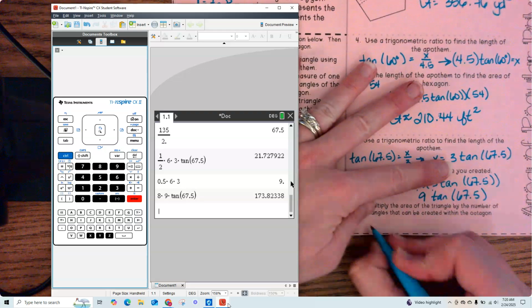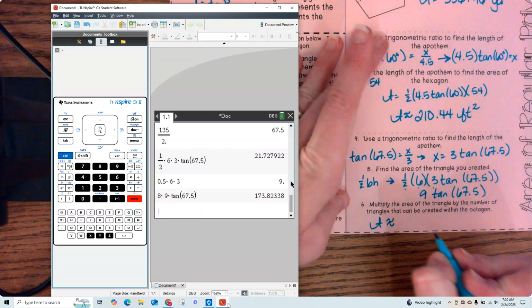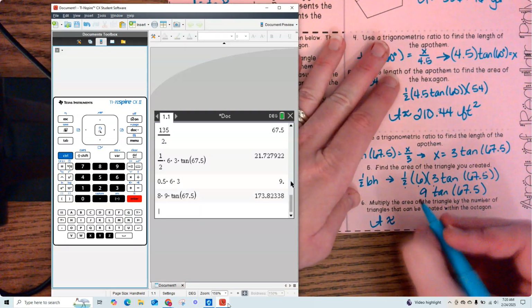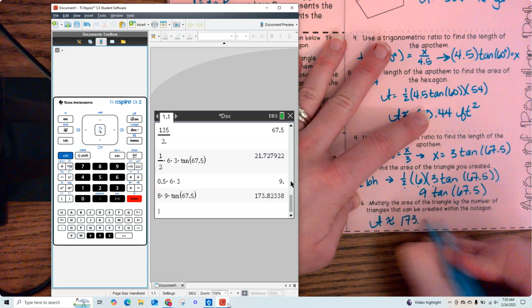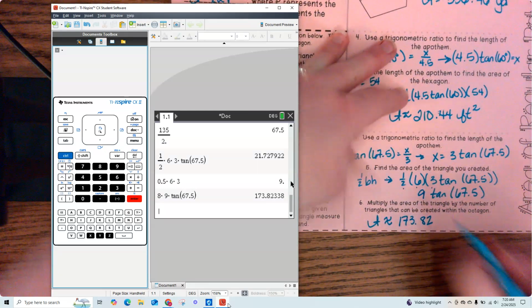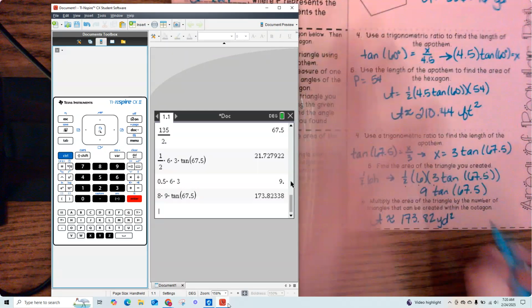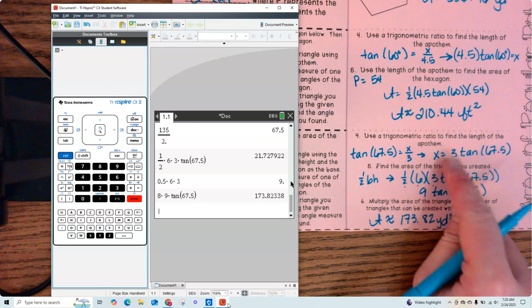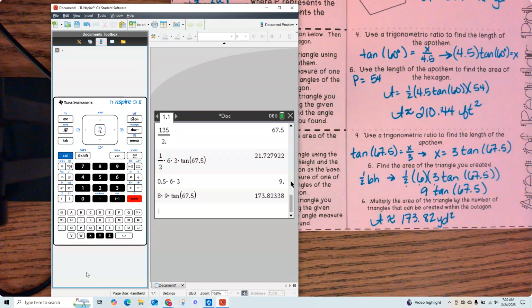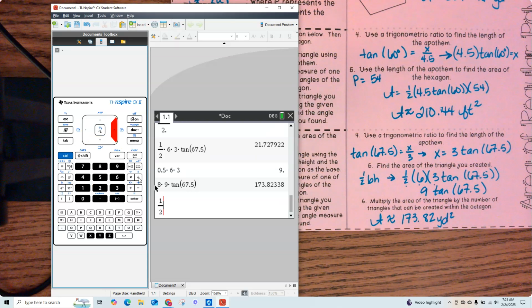And I get, so my area is going to be about 173.82, and we're dealing with yards, so yards squared. If I'd use the apothem in the formula, remember, the formula is half times the apothem, so 3 tan 67.5, times the perimeter, 6 times 8.